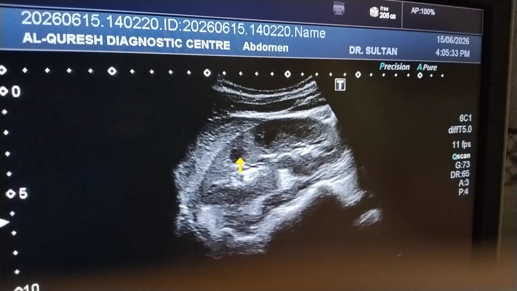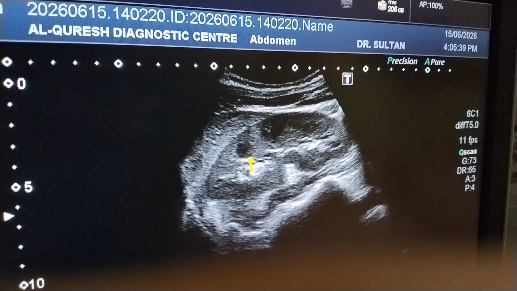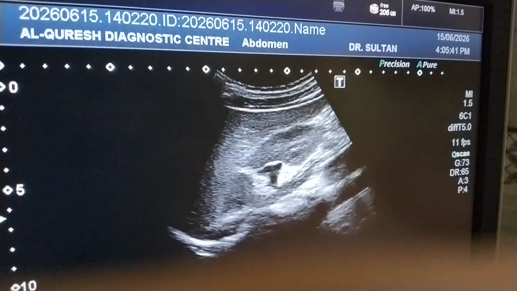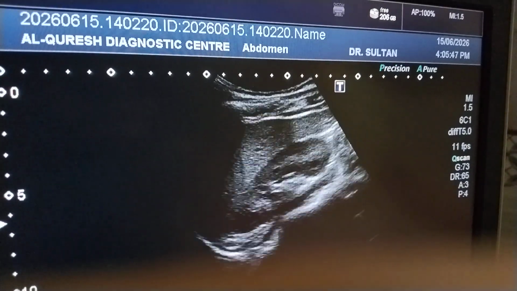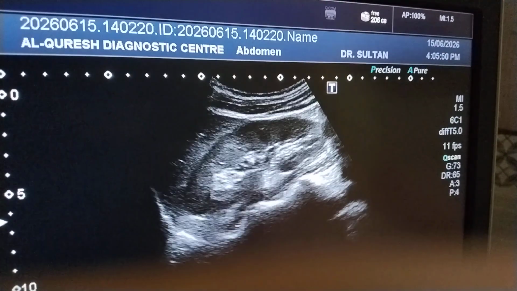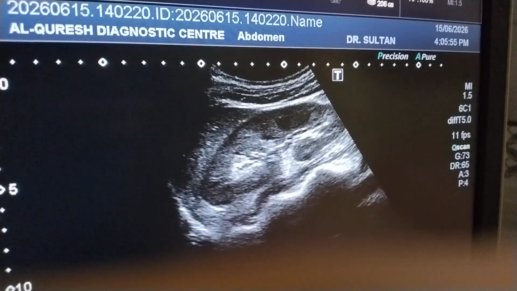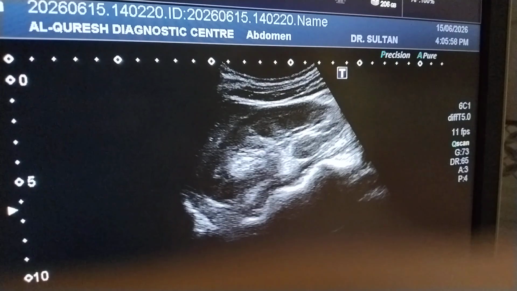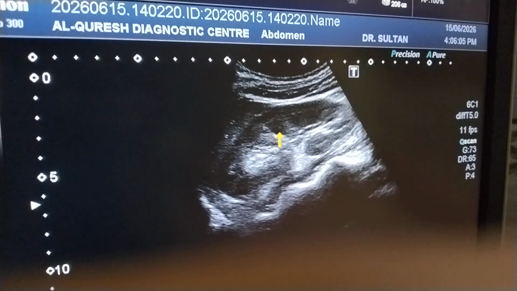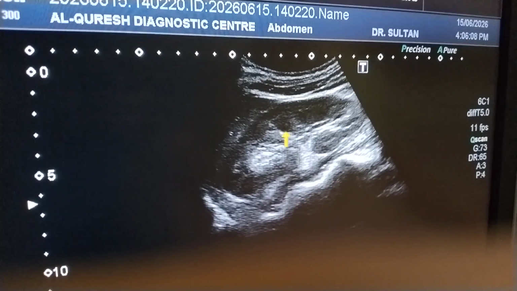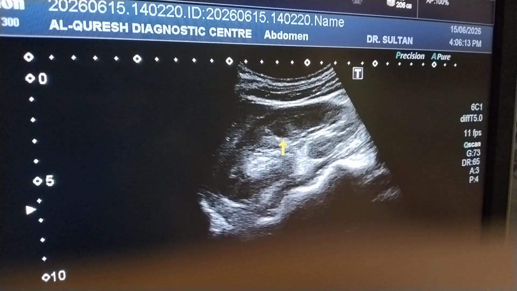So the pyramids are usually conical in shape. The base is toward the cortex, it is broad, while the conical region is called the apex of the medullary pyramid.